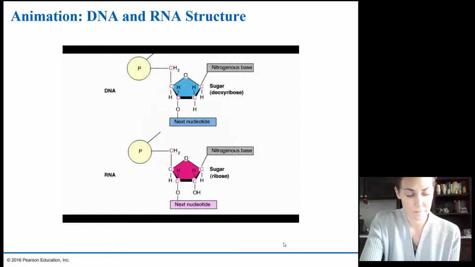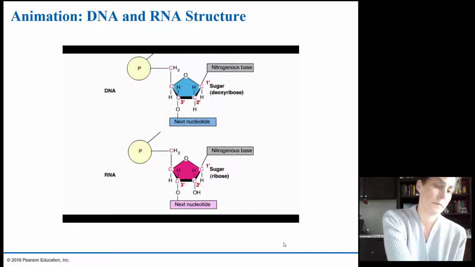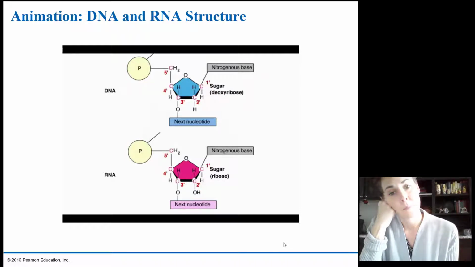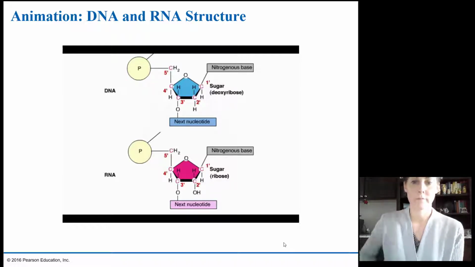For convenience, the carbon atoms in a nucleotide's sugar are numbered, beginning with the carbon atom bonded to the nitrogenous base, moving around the ring, and up to the carbon that is bonded to the phosphate group. The 1' carbon is bonded to the nitrogenous base, the 3' carbon to the next nucleotide, and the 5' carbon to the phosphate group.